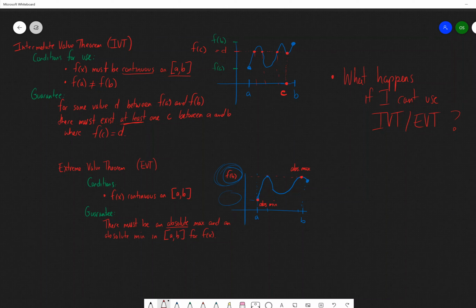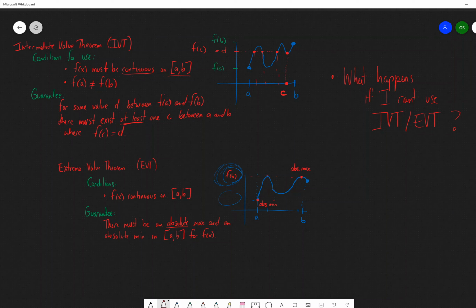Okay, so I can't use intermediate value theorem. So that means that there is no, let's say I'm trying to use IVT. Oh, it's not continuous. So that means there isn't a point in between. Wrong. If we cannot use the theorem, it does not mean that we don't have a highest point or lowest point, or we don't have the ability to find that value between the two endpoints.